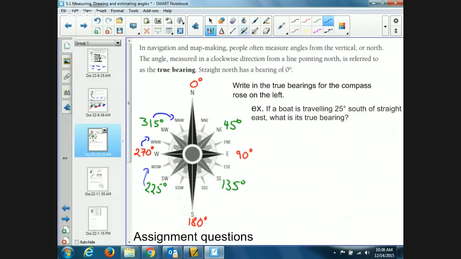I'll just go around the circle and write in what the answer should be. So 45 plus 22.5 is 67 and a half. 90 plus 22.5 is 112 and a half. Plus 22.5 there, you get 157 and a half. Then 22.5, we get 202.5.